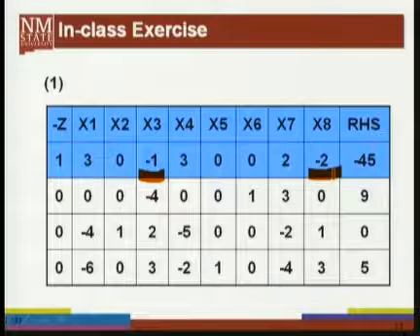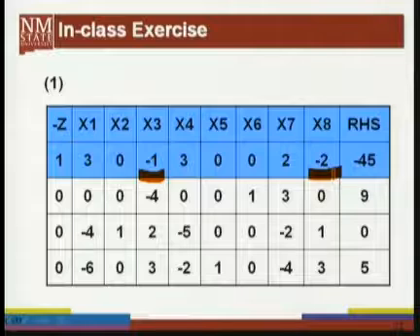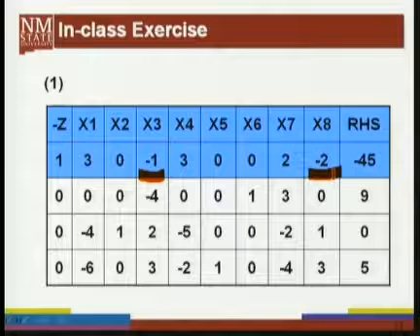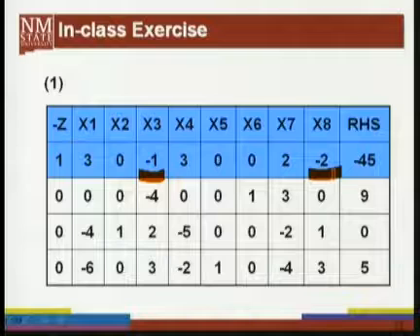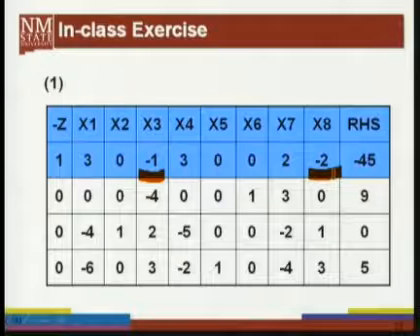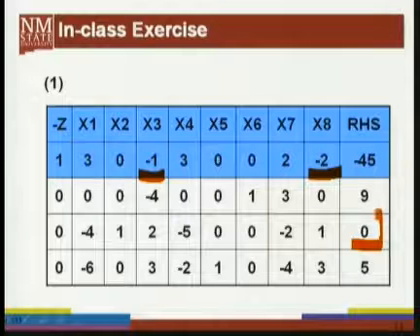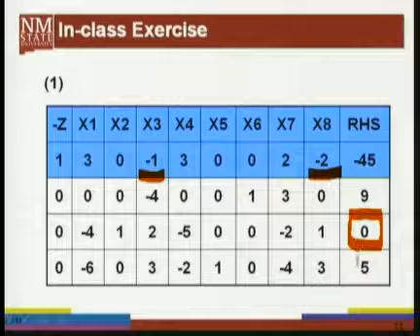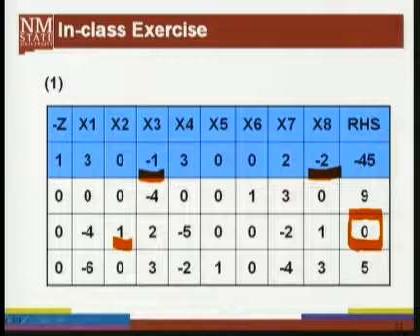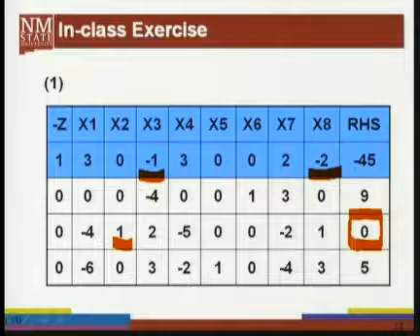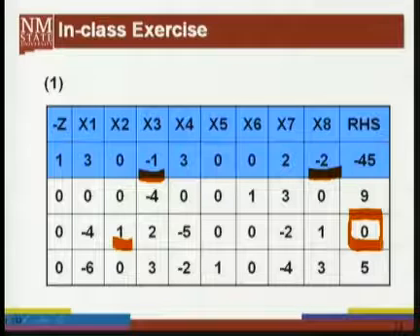Once you select the entering variable, what is the next step? We need to perform the minimum ratio test to select the leaving variable, right? But here, if you look at the right-hand side, one of them is 0. One of the basic variables is 0, which means here the X2 variable equals 0, which is called a degenerate solution.